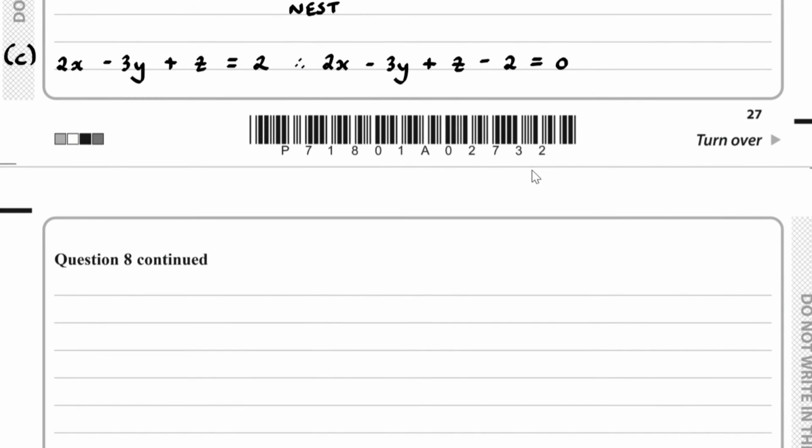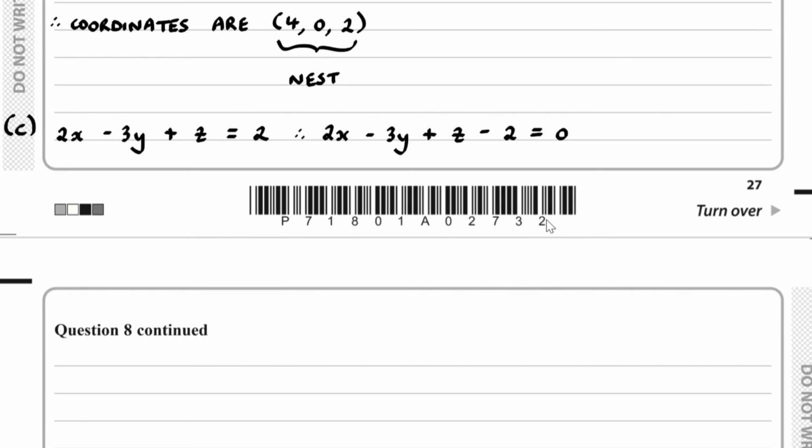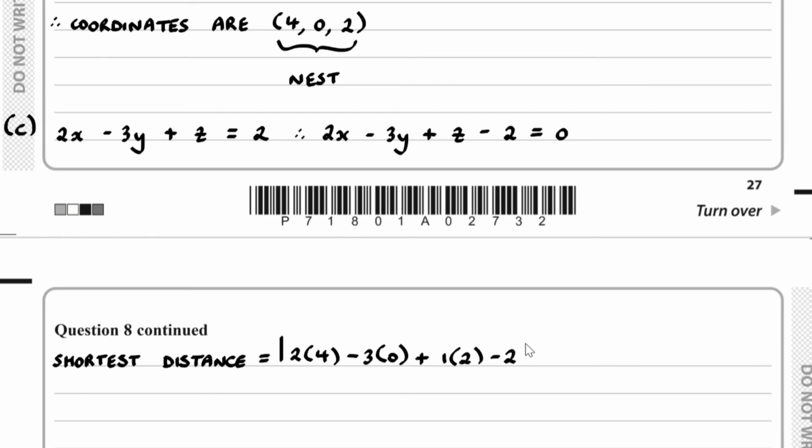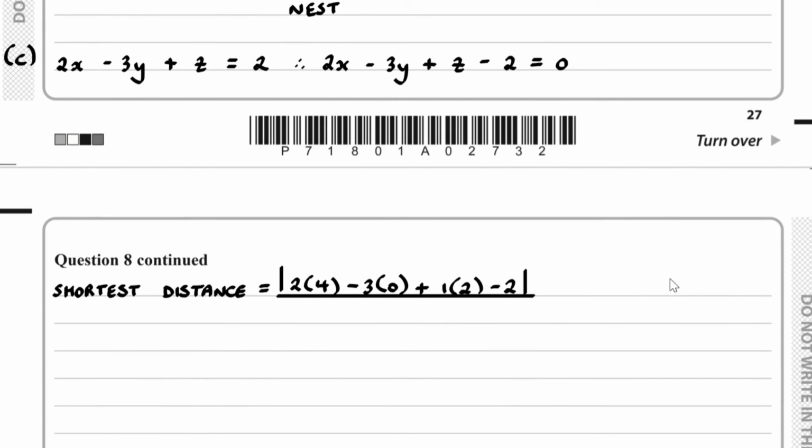So, to find out the shortest distance between this point and this plane, the shortest distance will equal 2 times 4 minus 3 times 0 plus 1 times 2 minus the 2, and then we want the magnitude of this, and then we divide this by the square root of 2 squared plus minus 3 squared plus 1 squared.